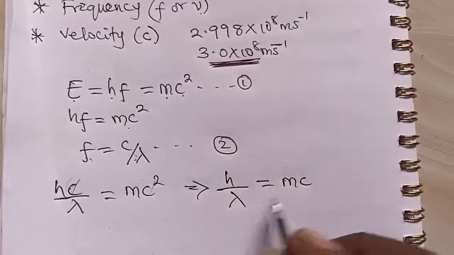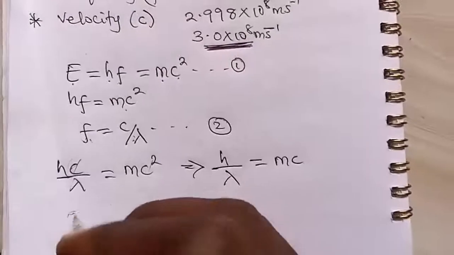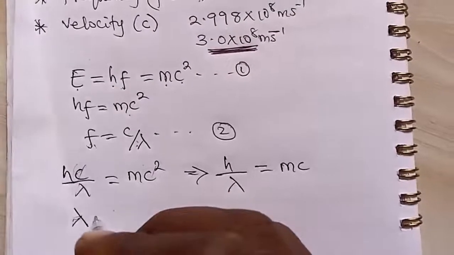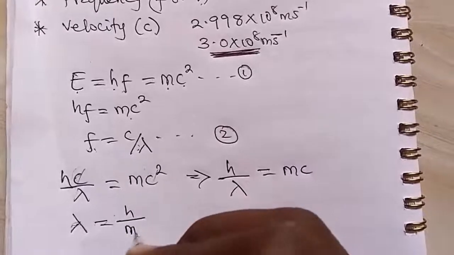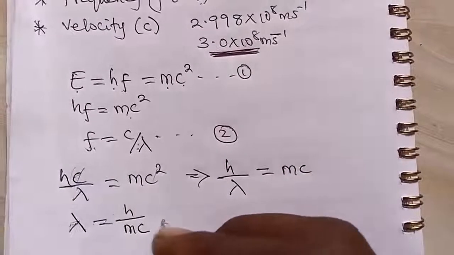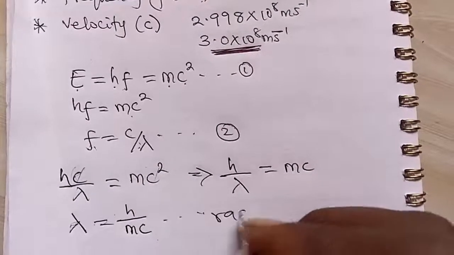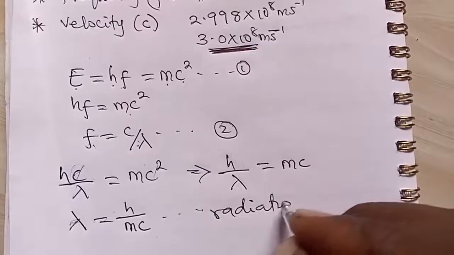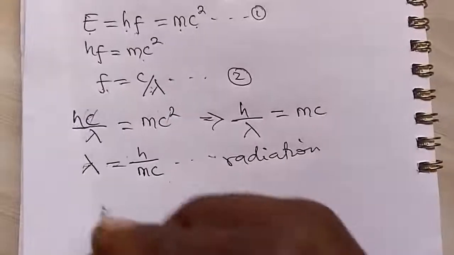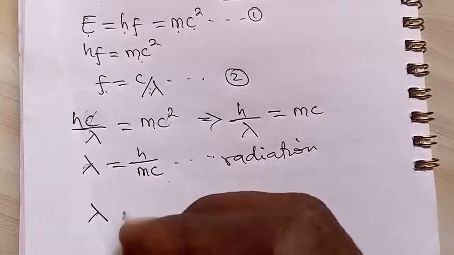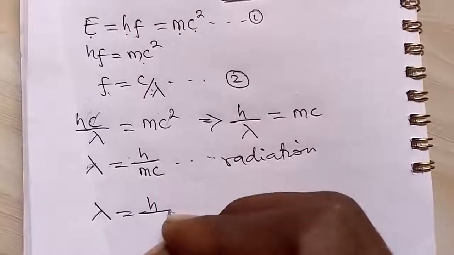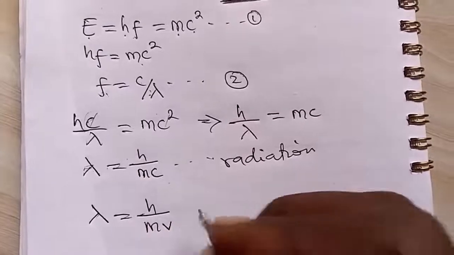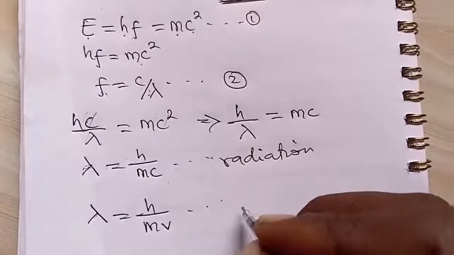From here, we can make lambda the subject of the formula, and lambda becomes h over mc. This is for radiation. Then lambda is also equal to h over mv. This is for linear speed.